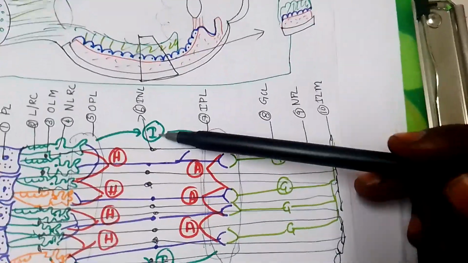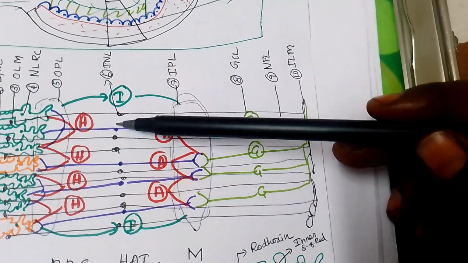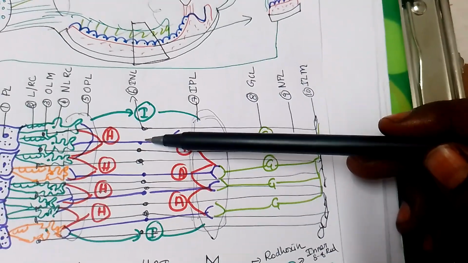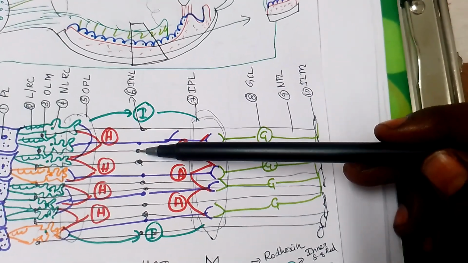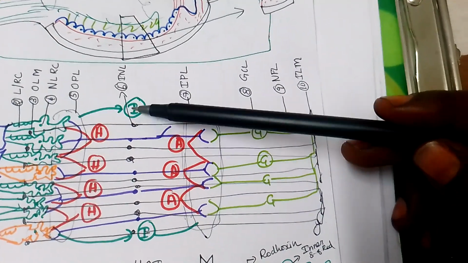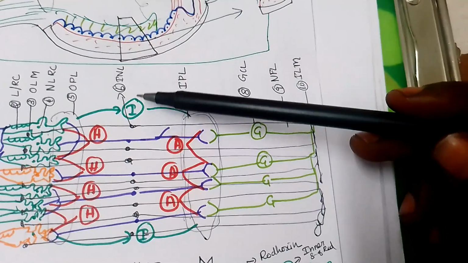Then the next layer is the nuclear layer. Bipolar cell nuclei and Muller cell nuclei, all the nuclei, form one layer. So it is called the inner nuclear layer, the 6th layer of the retina.